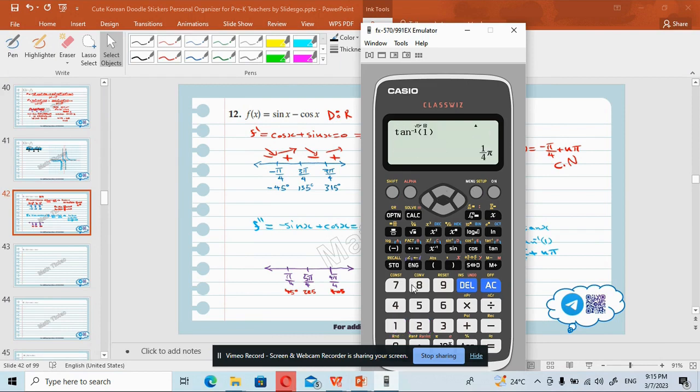So for an angle less than 45, I'll substitute it in cosine x minus sine x. This is my second derivative. So calc at less than 45, I will take it as 40.